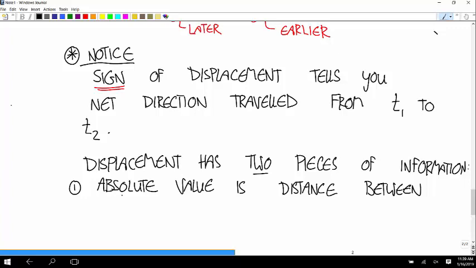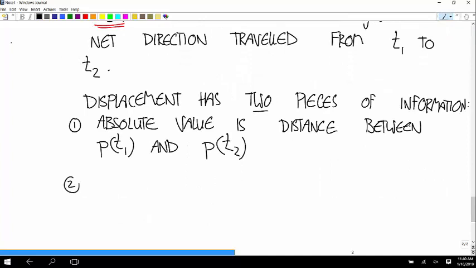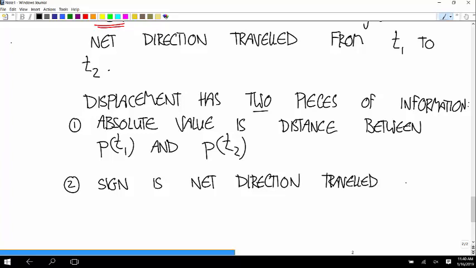But the absolute value is the distance between the position at T1 and the position at T2. And second, the sign is, well, like I said up above, the net direction traveled from T1 to T2.